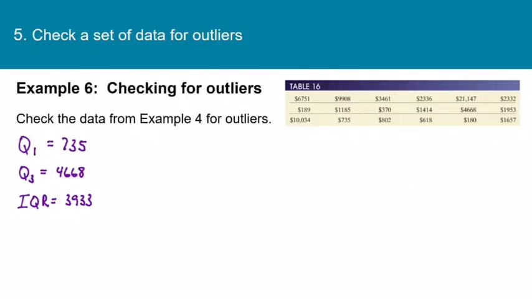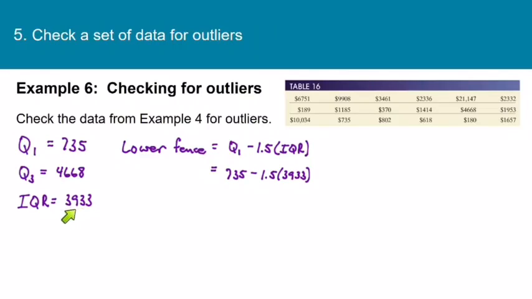So let's take our data that we used in example 4 that we already have the quartiles for, and we've already found the interquartile range, and let's calculate the fences and see if this data contains any outliers. So for the lower fence, we know that's Q1 minus 1.5 times the IQR, so I'll just plug those numbers in. 735 minus 1.5 times 3,933, and that's going to equal negative 5,164.5.